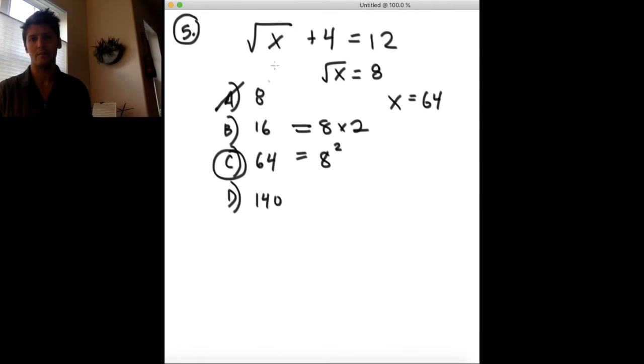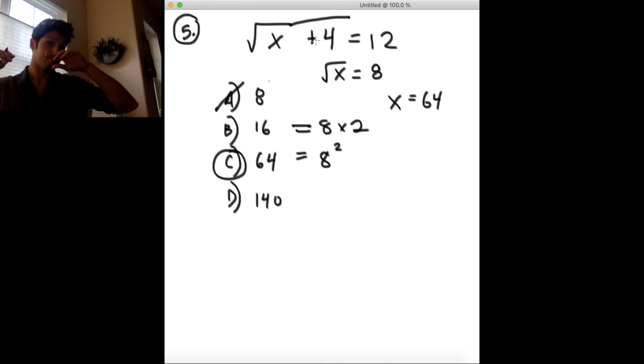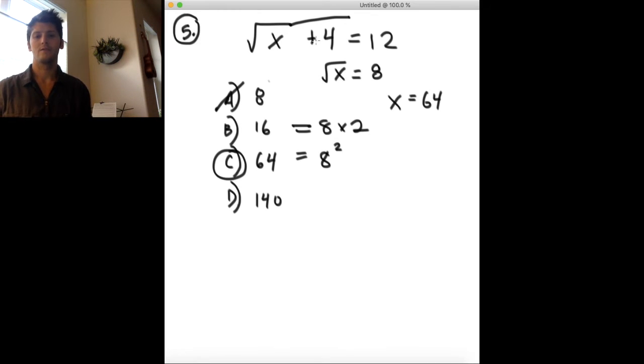You probably already saw it. If you extended this root and said the square root of x plus 4 all underneath the square root, then 140 plus 4 would be 144. The square root of that is 12. So all the answers come from a reasonable place, and by examining them at the beginning, you know what the most common mistakes are, and you're likely to avoid those mistakes.